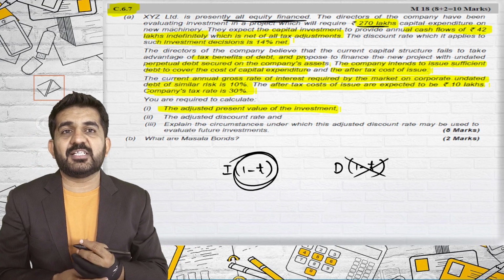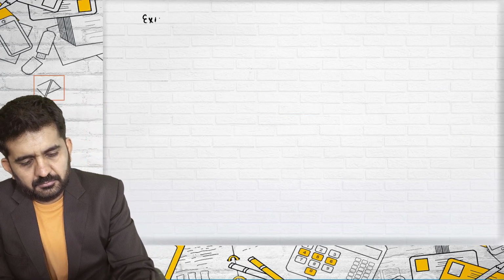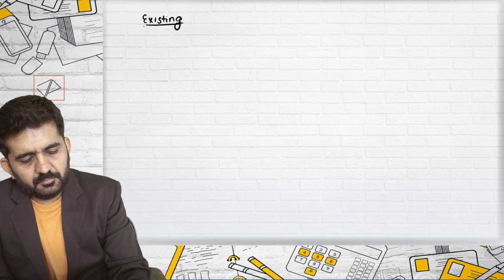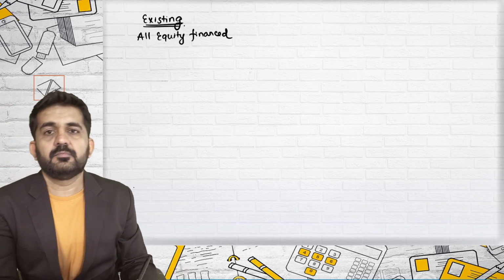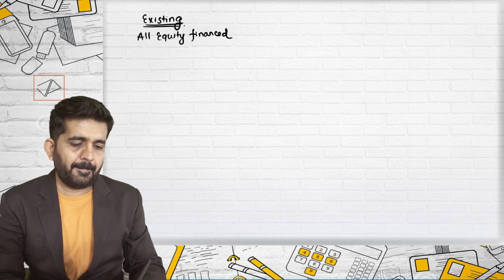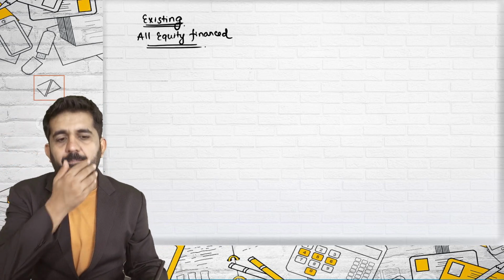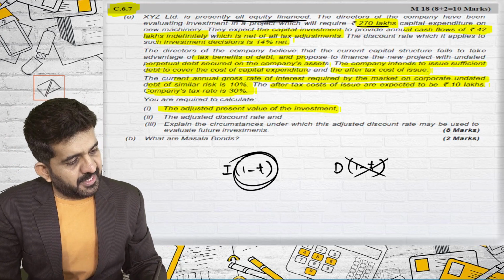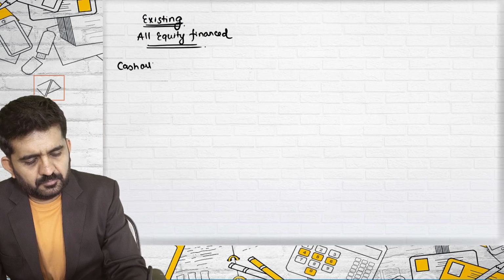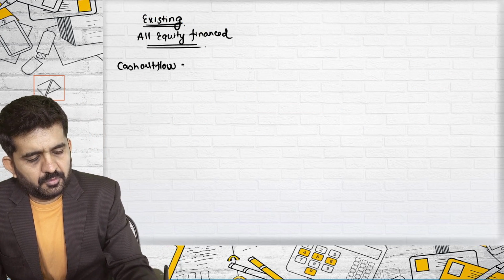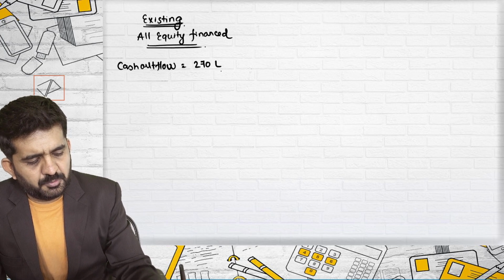Before finding out adjusted present value, I am considering the existing situation. I am all equity financed. What is my cash outflow? 270 lakhs, which is today.